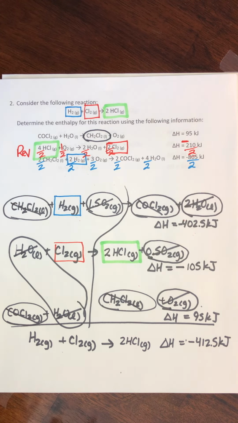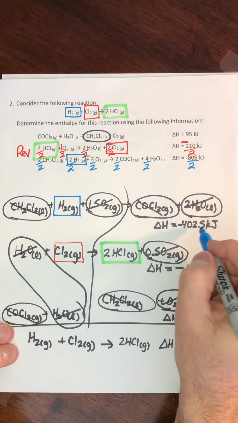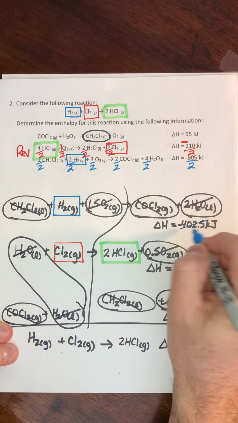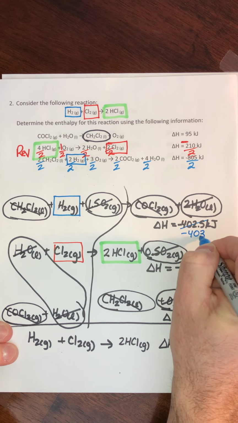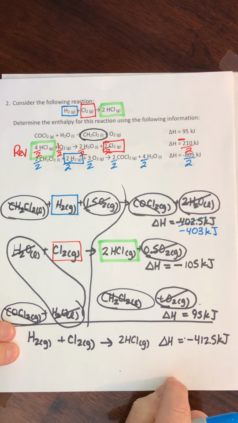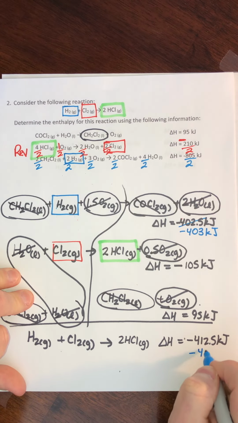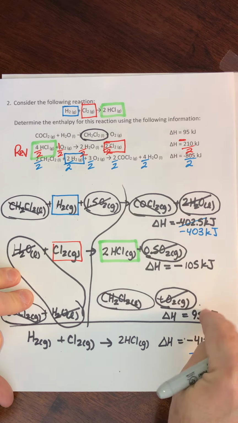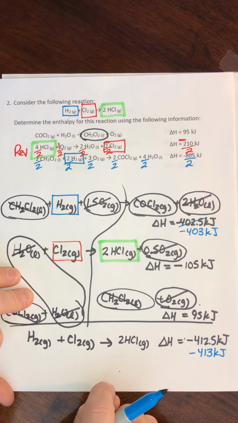If you are a significant figures person, okay, let's go back and make a couple of edits. This only had 3 sig figs. Therefore, this should have been rounded off to a negative 403 kilojoules. Right, so that should have been that. Which would have given you an answer of minus 413 kilojoules. And if you are adding things up, it is all about the decimal places.